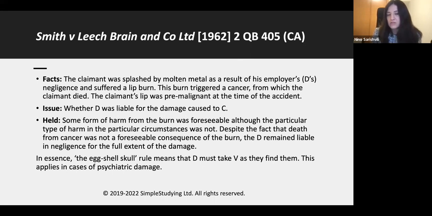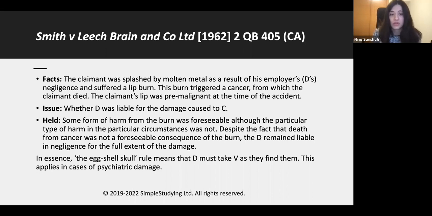The court had to consider the foreseeability, if this was foreseeable damage. It was held that some form of harm from the burn was foreseeable, although the particular burn that this person got in these circumstances was not foreseeable. Despite the fact that death from cancer was not a foreseeable consequence of the burn, defendants still remain liable in negligence for the full extent of the damage because of the eggshell skull rule.